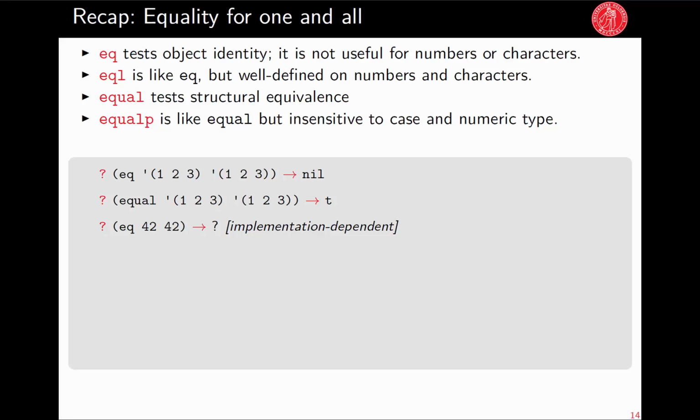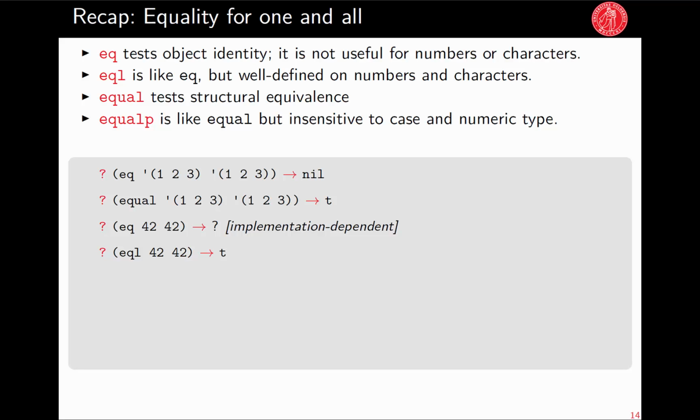If we try to call EQ onto numerical values, you may or may not get true as your answer. That's left to the specific implementation. So that's undefined according to the standard. It's not specified.